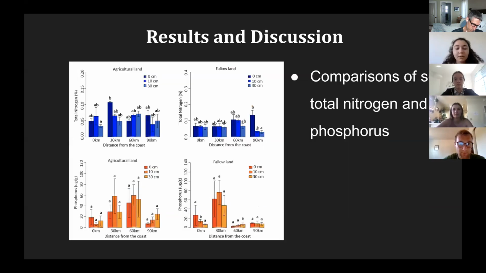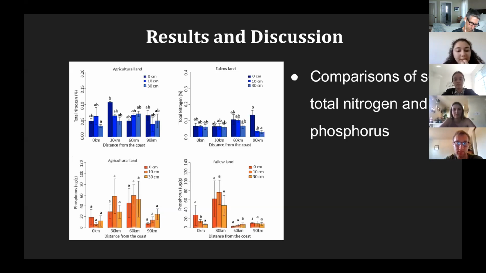And then for this figure, this was between the total nitrogen and the phosphorus. So again, we have the distance from the coast, and then we also have the different depth. And this showed a huge difference in matter of change, but then there wasn't a difference in the soil within the different levels of the distance and the depth.